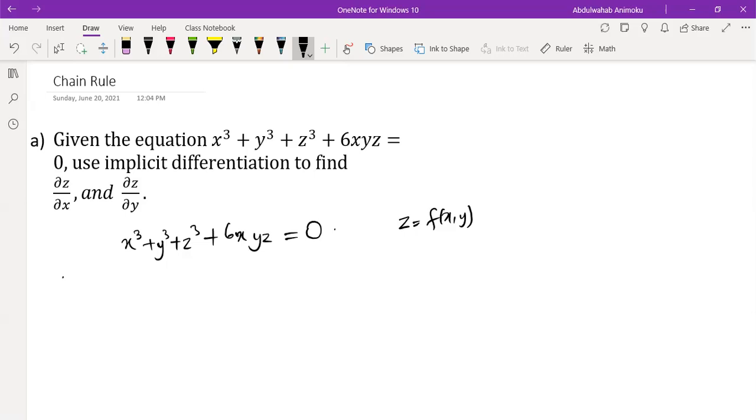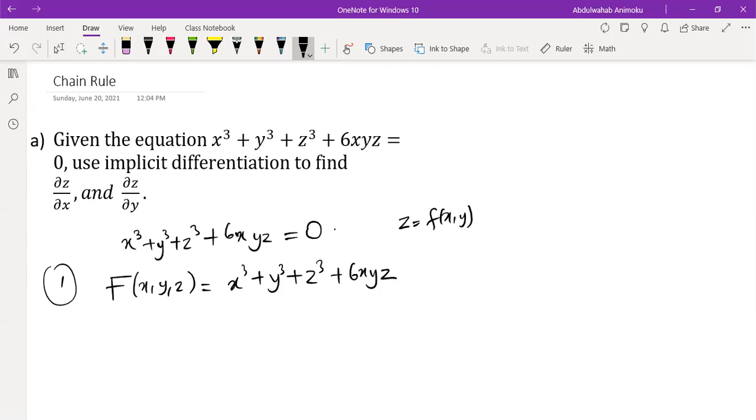So the first method is we define a new function f of x, y, z to be the function itself, where you take everything to one side, including the constant.